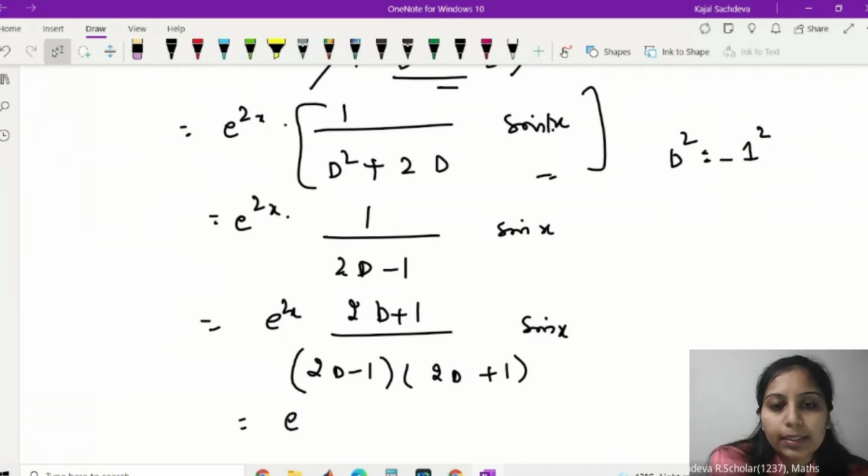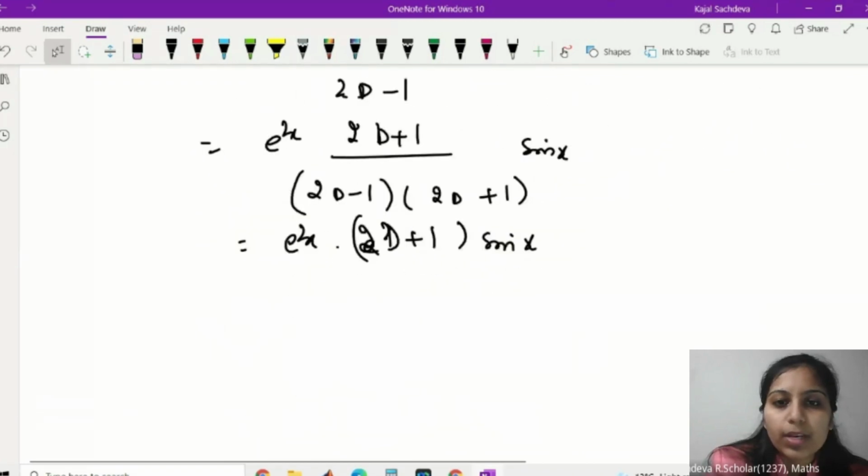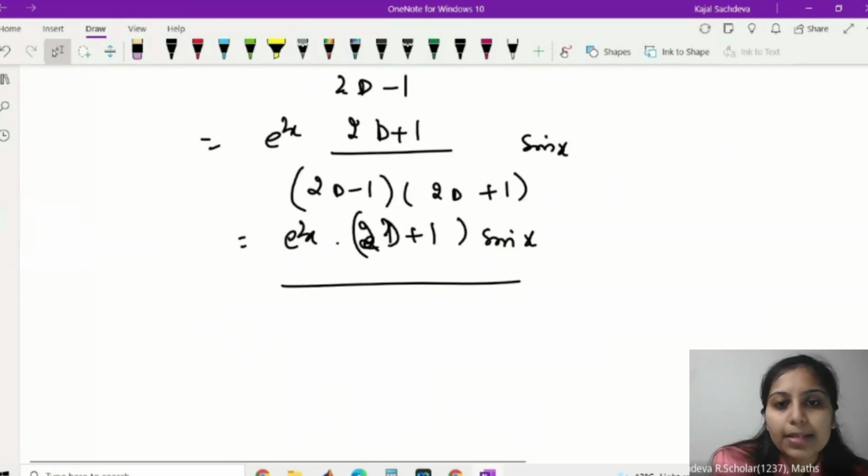So we get e raised to power 2x, 2D plus 1 into sin x, and on the lower side we will get 2D minus 1 into 2D plus 1, a square minus b square, that is 4D square minus 1.